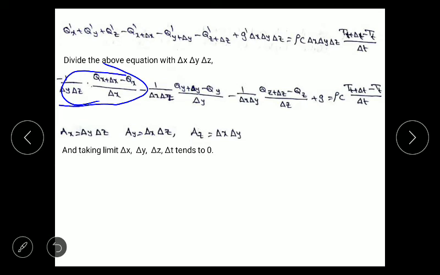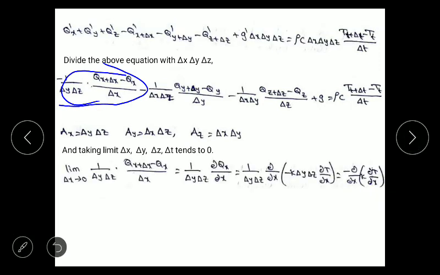By considering that case and taking the first term, we apply the limit as delta x tends to 0: 1 by delta y into delta z into q of x plus delta x minus q of x, divided by delta x. As delta x tends to 0, the difference between these two is very small, almost negligible, and for those small quantities we indicate the difference with a differentiation.